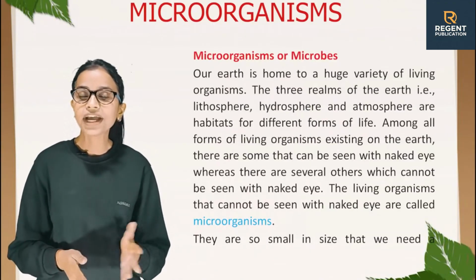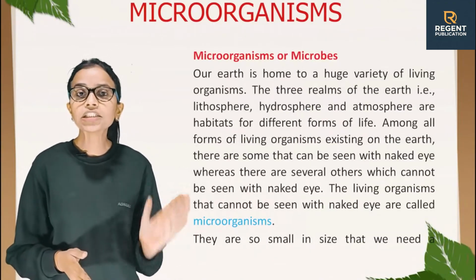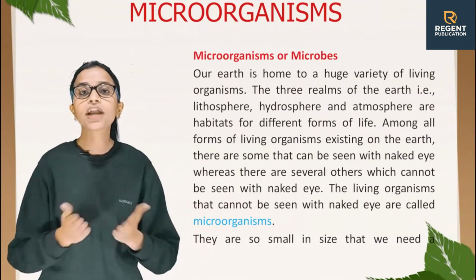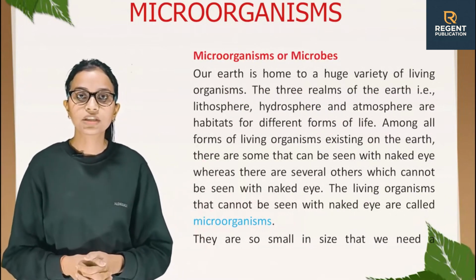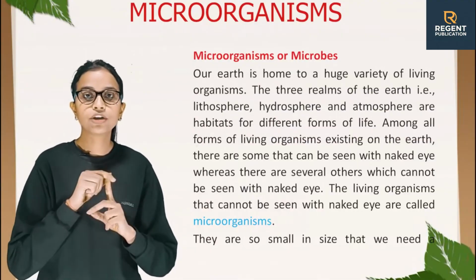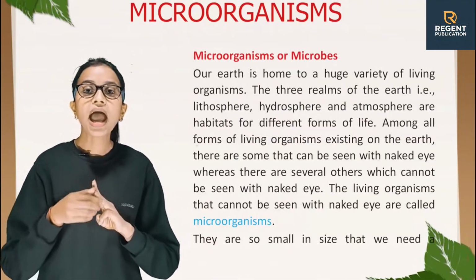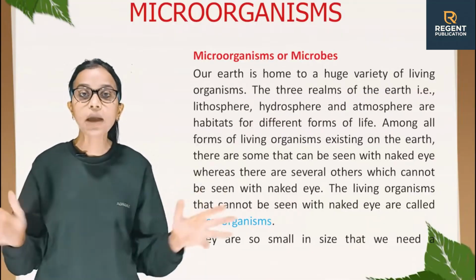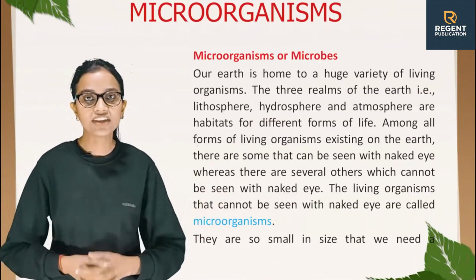Microorganisms or microbes. Our Earth is home to a huge variety of living organisms. The three realms of the Earth, that is lithosphere, hydrosphere and atmosphere, are the habitats for different forms of life.